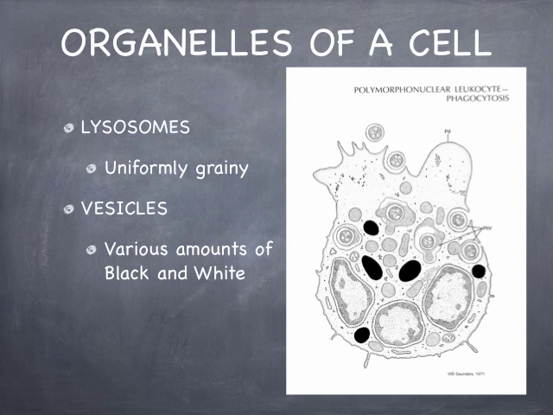Every object you see in this picture was exactly where it was when that real live cell was frozen. Now, what makes this picture so amazing is that this is a white blood cell doing what white blood cells do, frozen right in the midst of attacking, engulfing, and destroying bacteria.